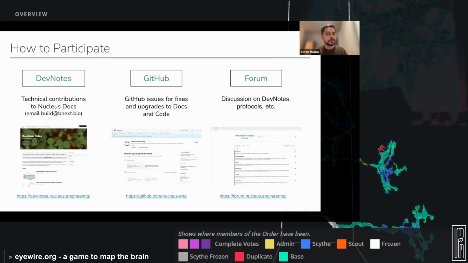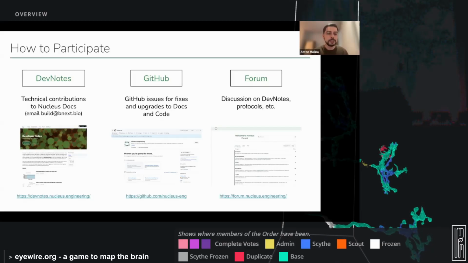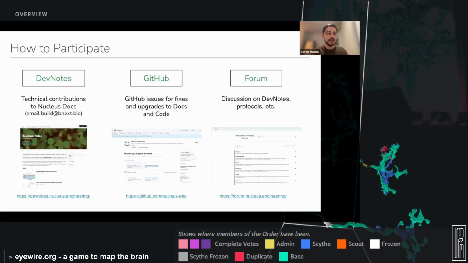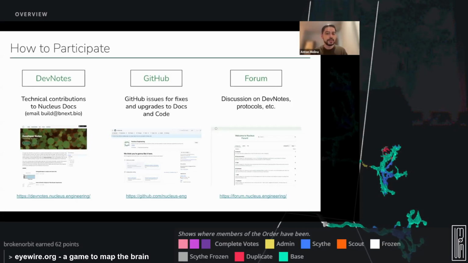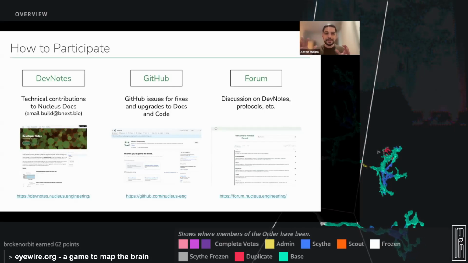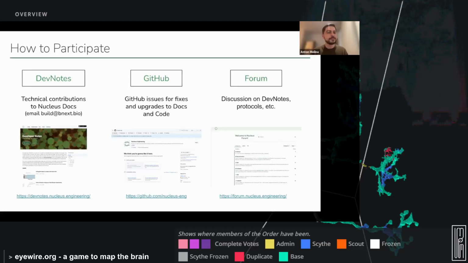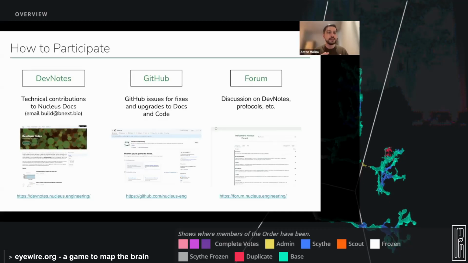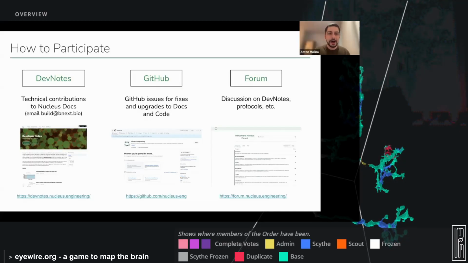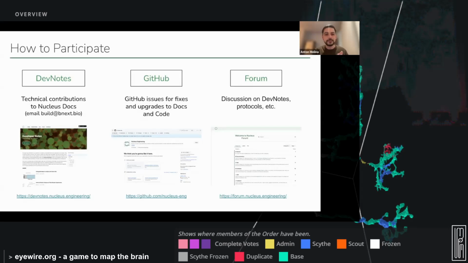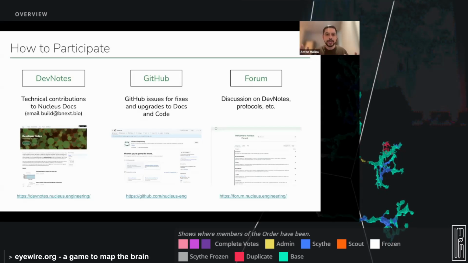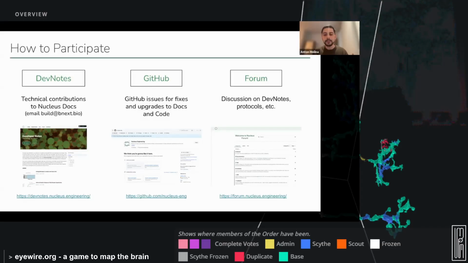If you want to make a technical contribution to Nucleus, I invite you to email me about what you have in mind. A lot of people have published something already and just want to make their thing more accessible to others and have it be documented. DevNotes is a great vehicle to do that, and I'm happy to chat with anyone who's interested.